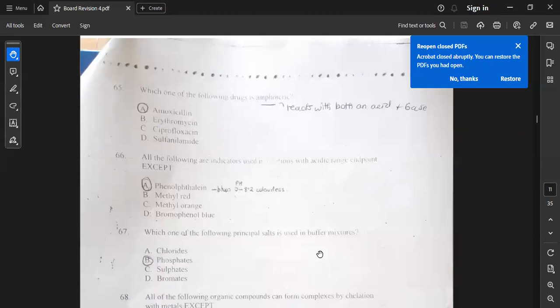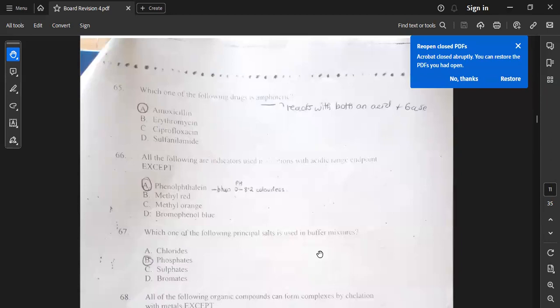Amphoteric drugs, among the four. Anyone?